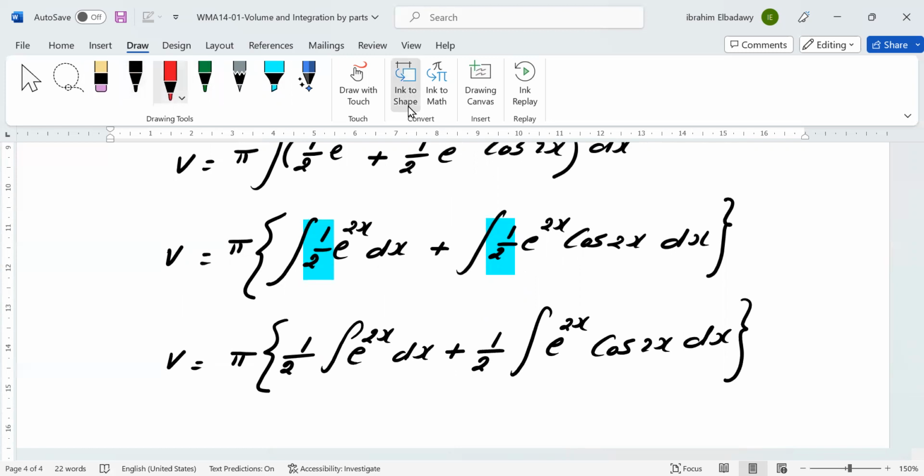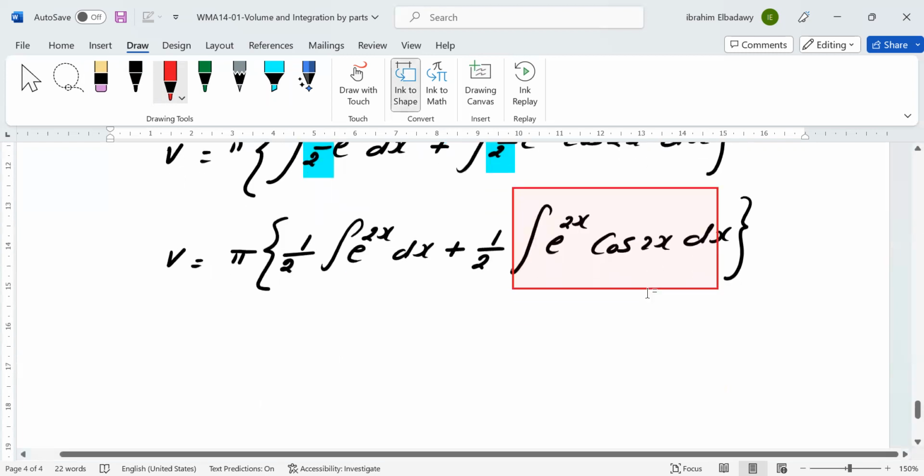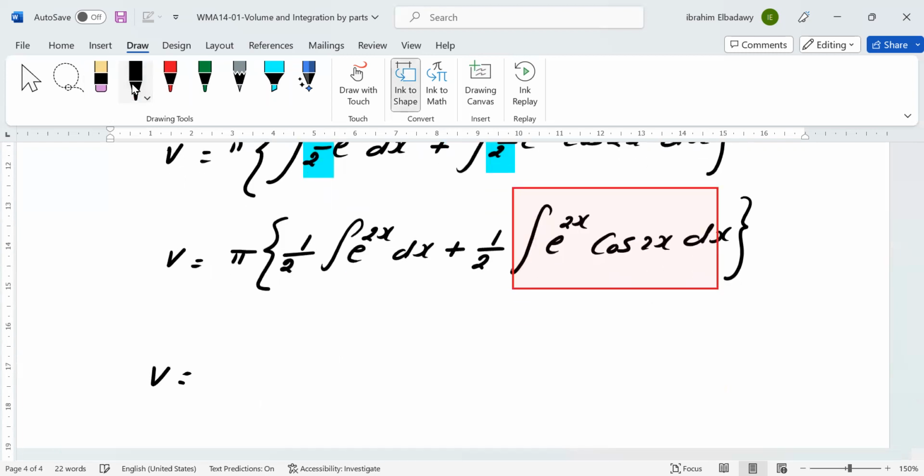You can notice this part is the part you already got in part A. So you can replace it with part A. So in this case, the volume equals pi times half. What is the integration of e power 2x? It is half e power 2x, times half, plus half.